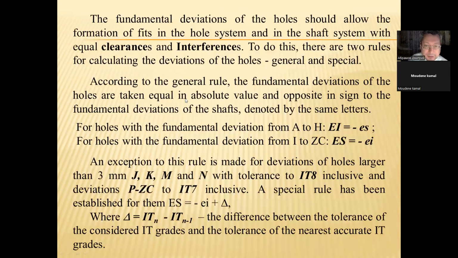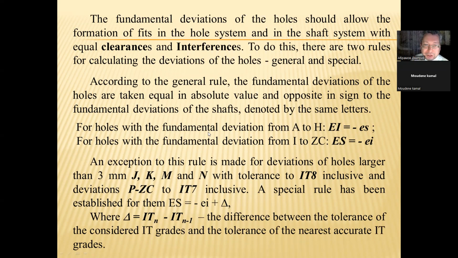So the next slide. The fundamental deviations of the holes should allow the formation of fits in the hole system and in the shaft system, with equal clearances and interferences. To do this, there are two rules for calculating the deviations of the holes, general and special.